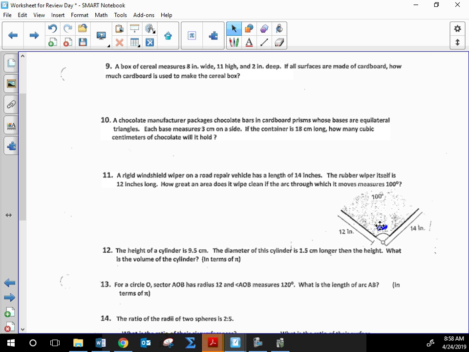How long is it? Should be a windshield. Alright.